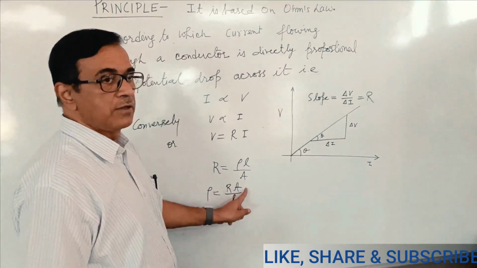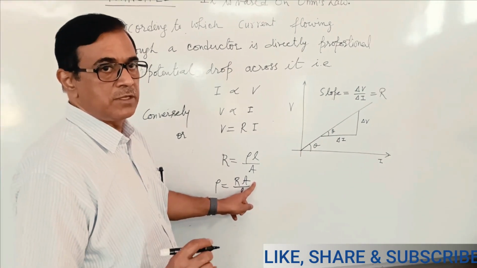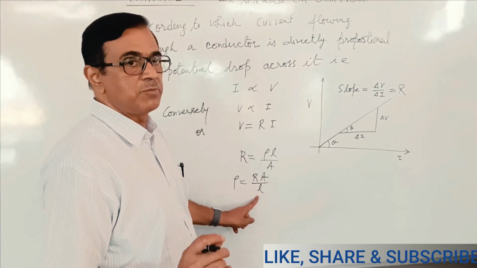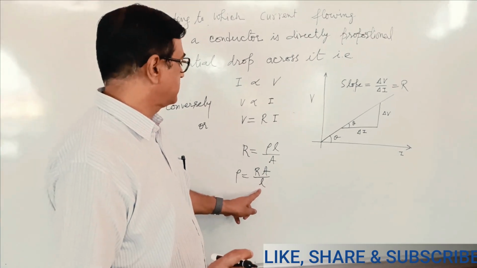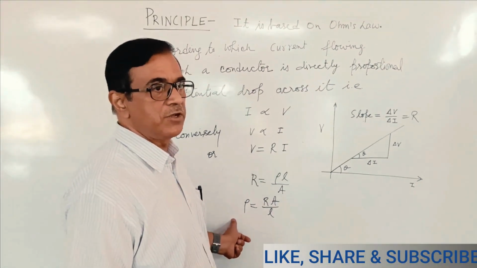The area can be found by noting down the radius of the wire using the screw gauge, and the length can be measured with the help of a meter scale. So by knowing R, A and L, we should be able to find the resistivity of the wire.